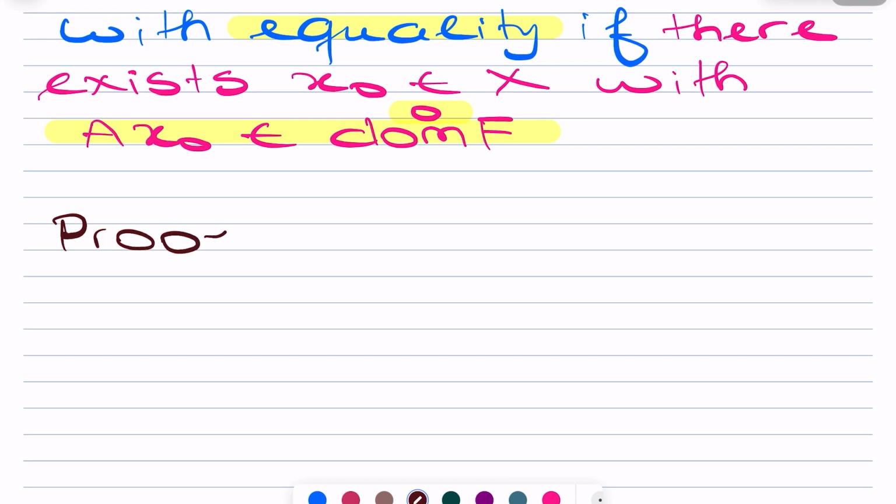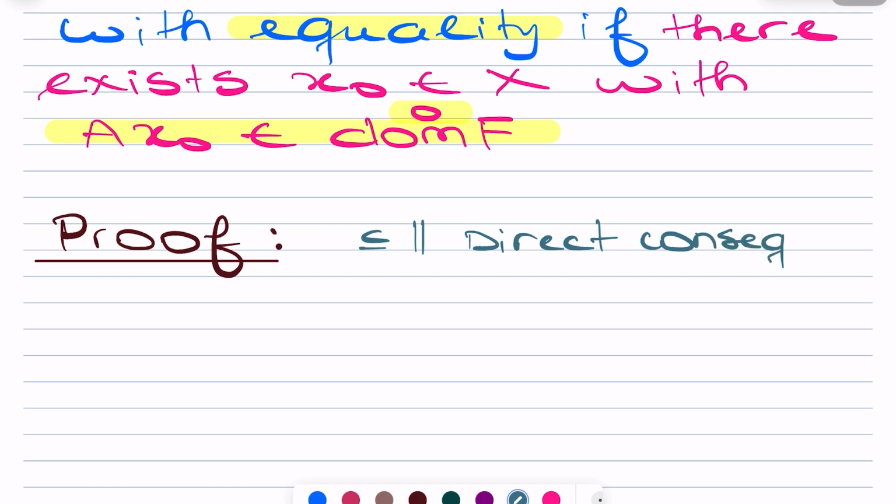So I will not go through it. The first inclusion is a direct consequence of the definition.